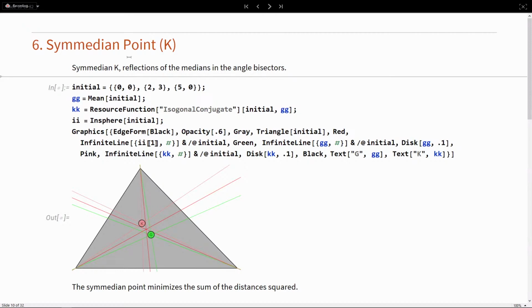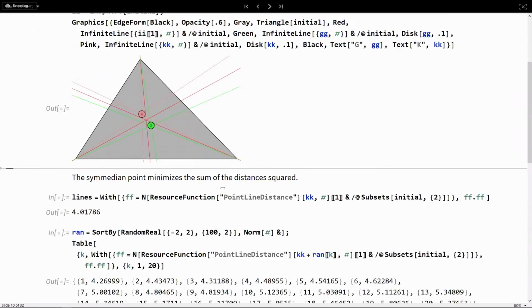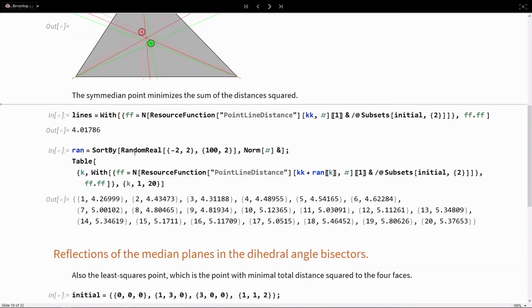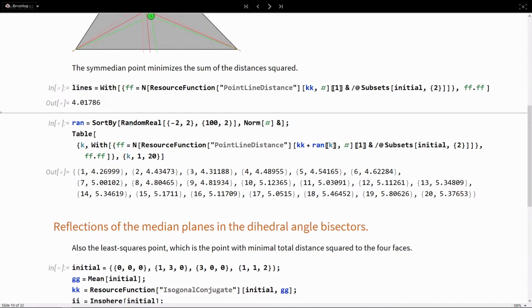And this is what's known as the Symmedian point. And that minimizes the sum of distances squared if you go to the faces. So it has a construction method, and it has a nice property. It's a minimal solution to something. And we can check that.